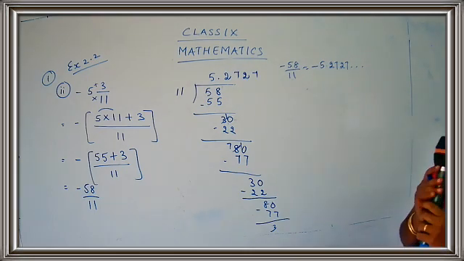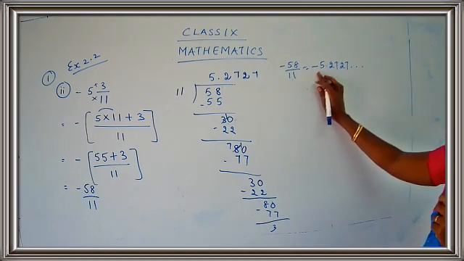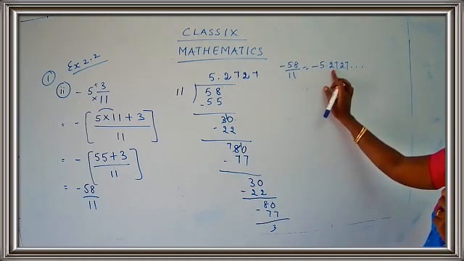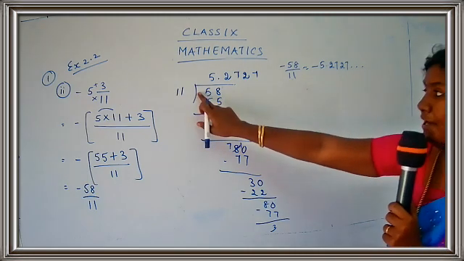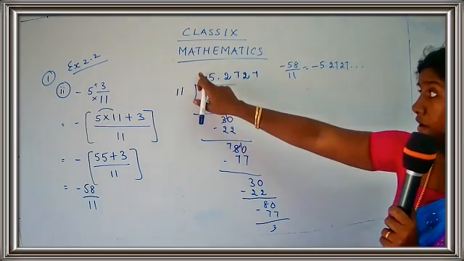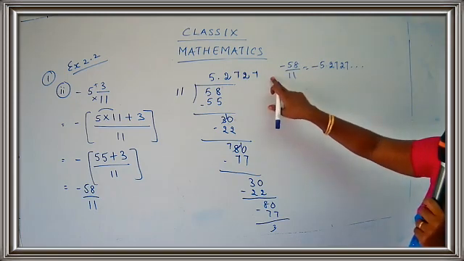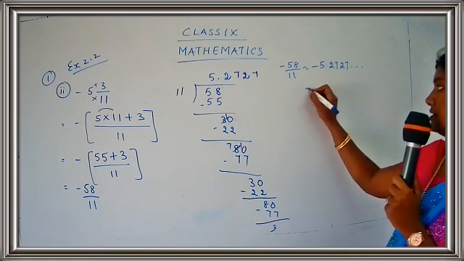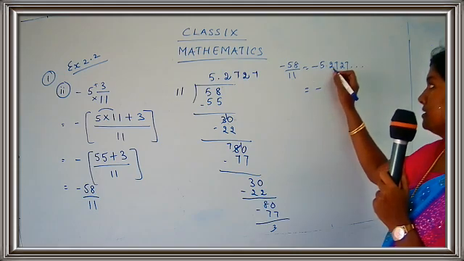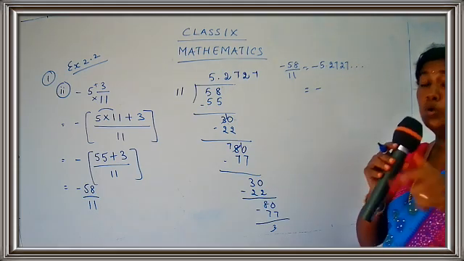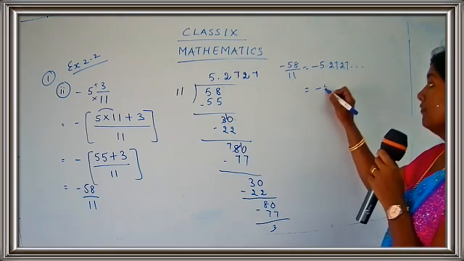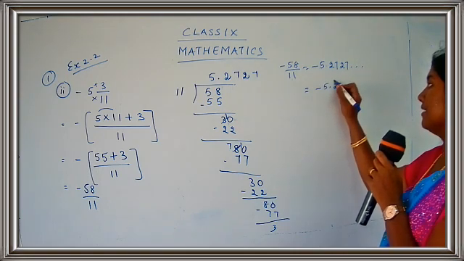Have you written? Okay. So what do you get here? Minus 5.2727. See, first I took only the positive number, so I did not write the sign here. Now I am going to put a minus sign. So write down, this is equal to minus. Now which number is repeated? 27 is repeated. So you'll write 5.27 bar.